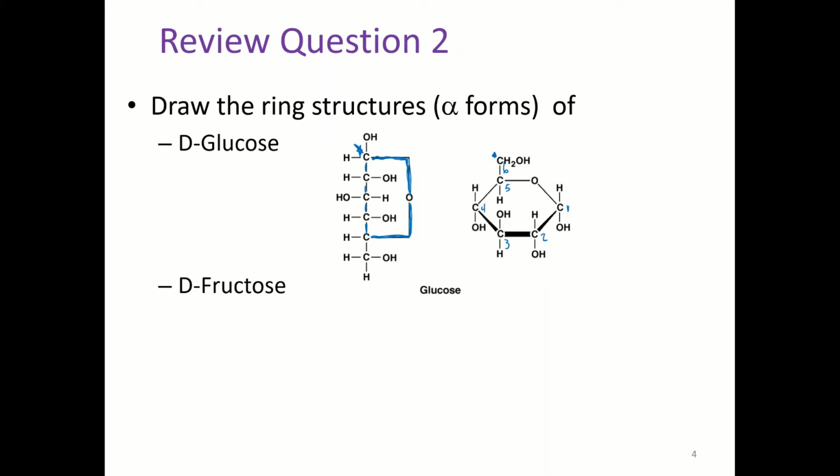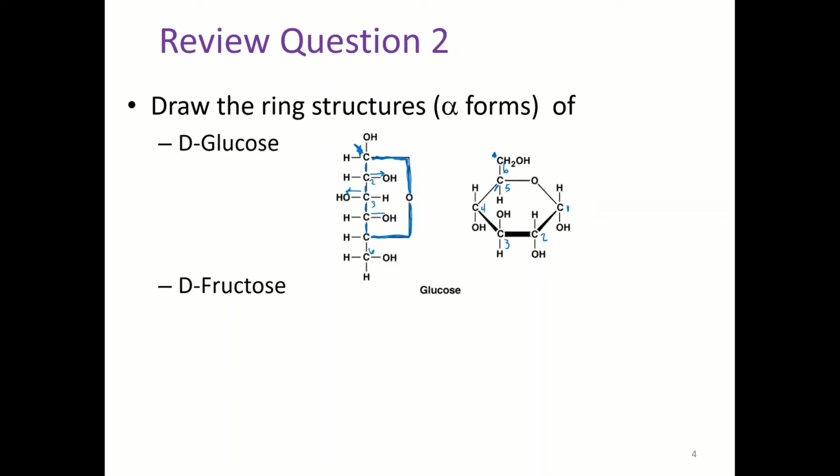Okay. So if this is carbon 6 and it's above the ring, what does that mean for the OH groups at carbon 2, 3, and 4? Okay, so if we look at carbon 2, that OH is pointing in here, so that's going to be below the plane of the ring. Carbon 3, the OH group is pointing out of the ring, so that would be above the ring.